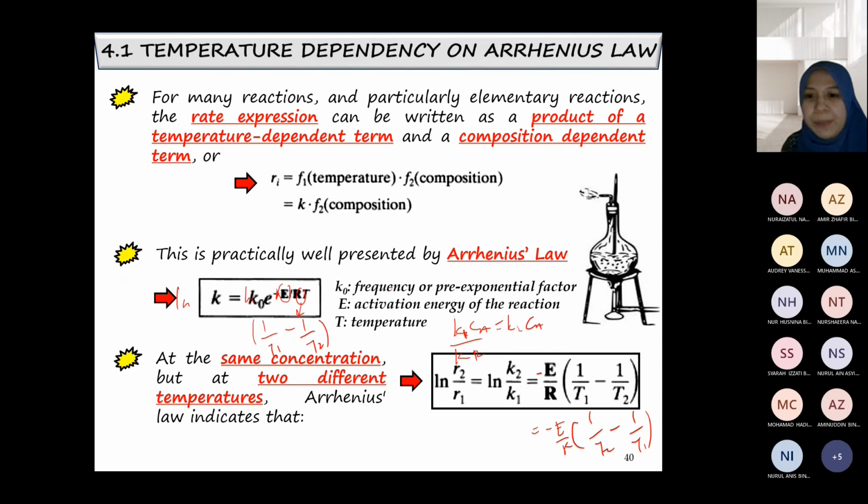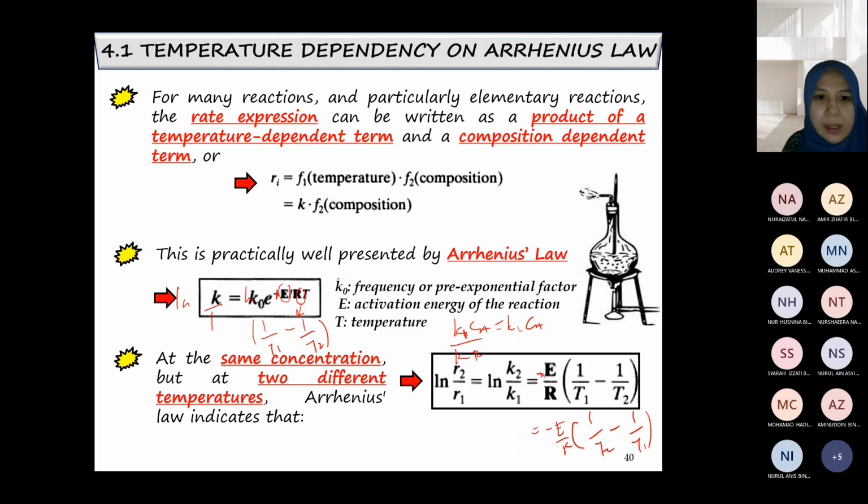But usually we remove this negative to make the calculation easier. So remember, 1 over T1 minus 1 over T2 goes with ln K2 over K1.